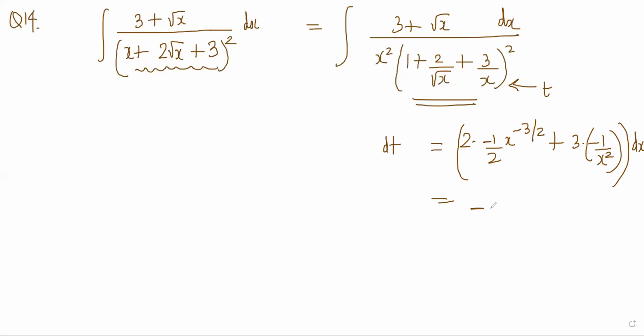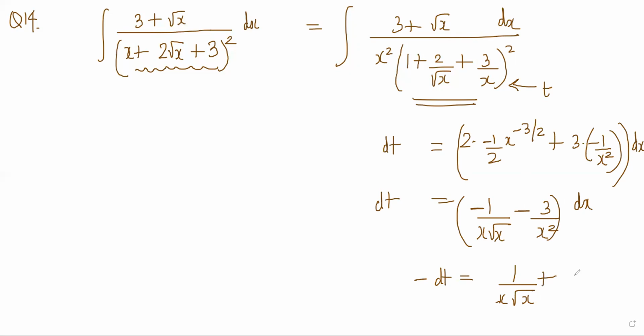Simplifying it a little bit, minus (1 by x root x minus 3 by x^2) dx is equal to dt, and you get minus dt is equal to (1 by x root x plus 3 by x^2) dx, right?